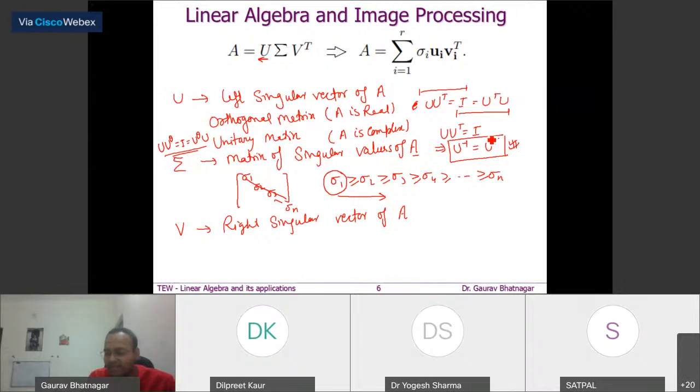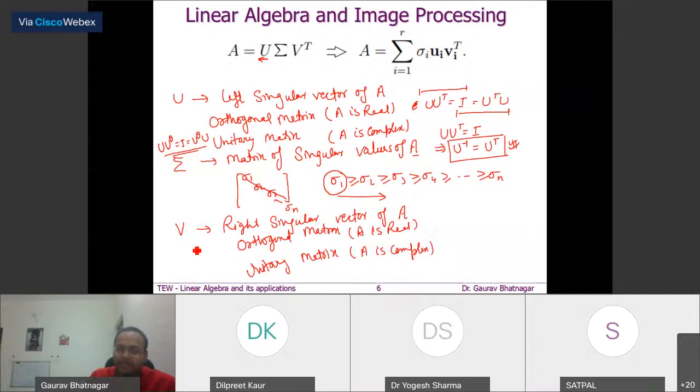The same observation can be made for the matrix V. V is again going to be an orthogonal matrix whenever A is real, and it is going to be a unitary matrix whenever A is complex.